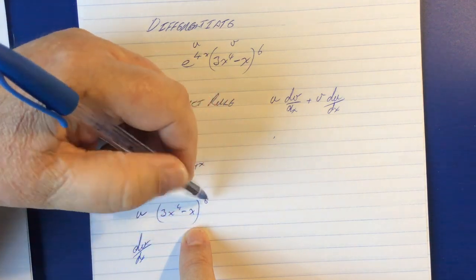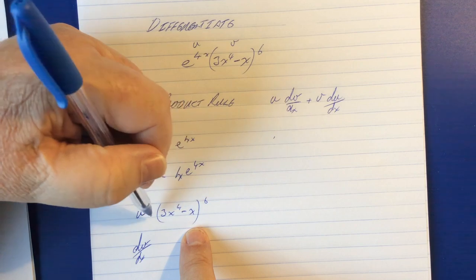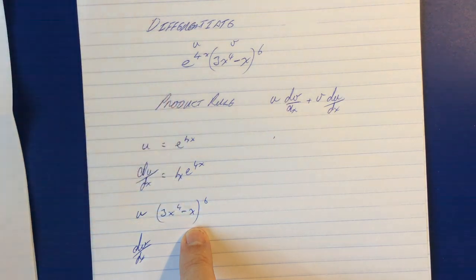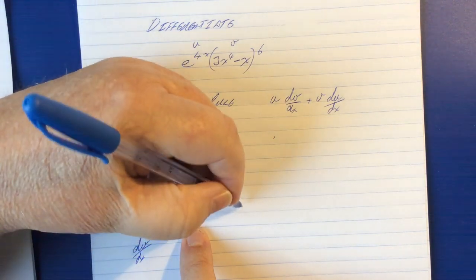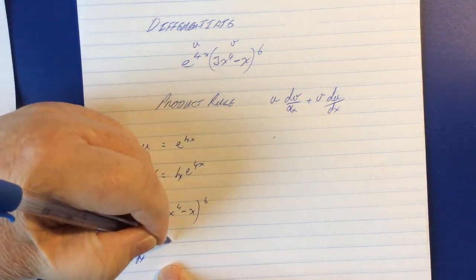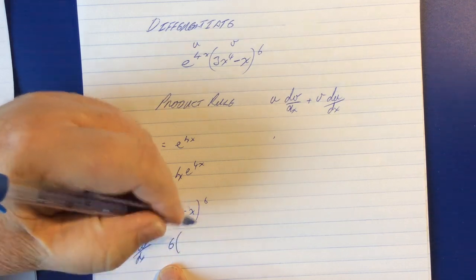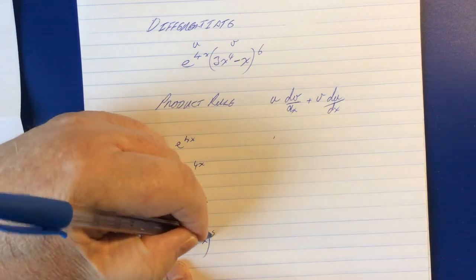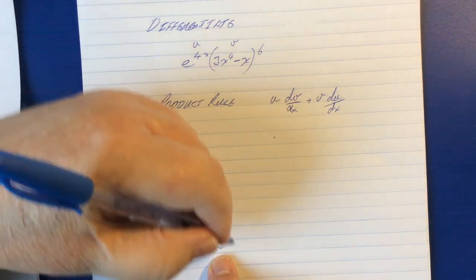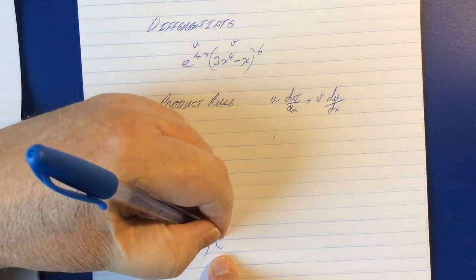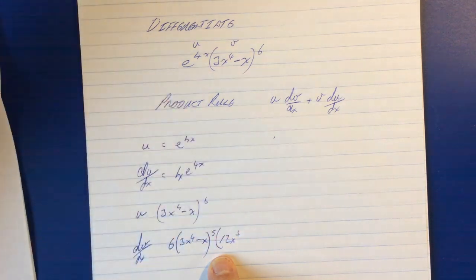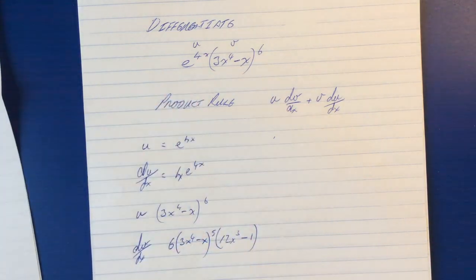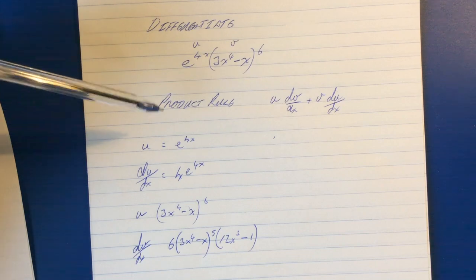Well, it is going to be 6 times this times the differential of this, effectively. So that is 6 times (3x to the 4 minus x) to the 5 times (12x cubed minus 1).